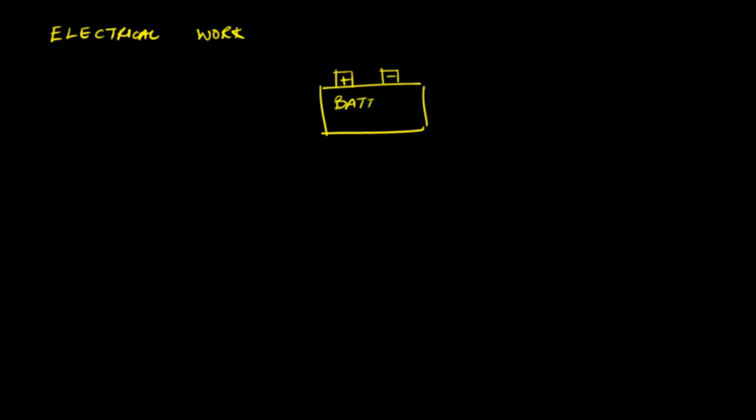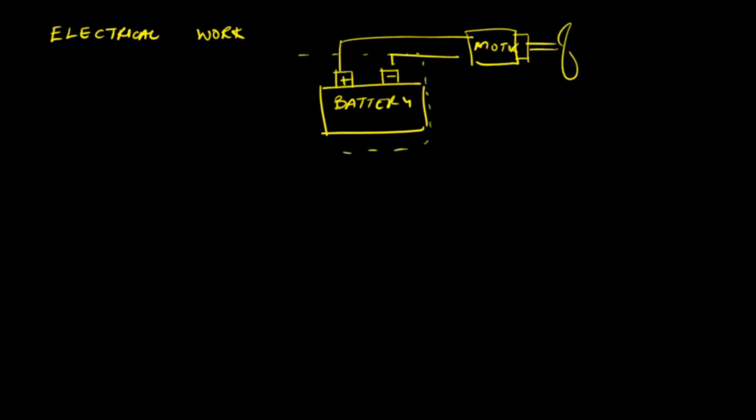So let's look at an example of electrical work. In the previous lecture, we've already seen an example where we had a battery that drives a motor, and this motor, let's say, drives a fan. So if we consider a system such as this, then we've seen that the electrical energy that flows across the system boundary can be considered as work.